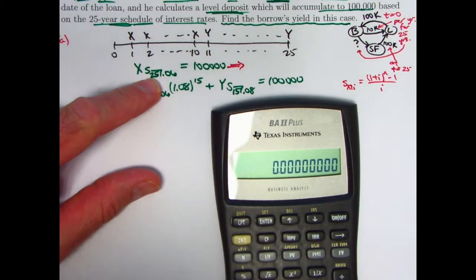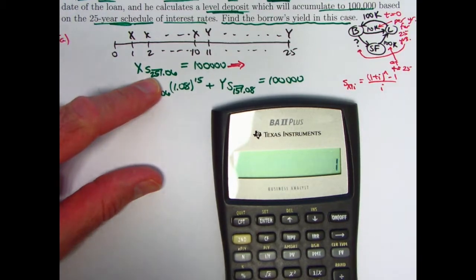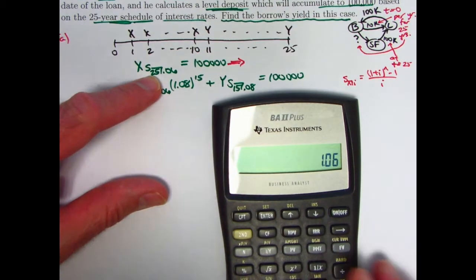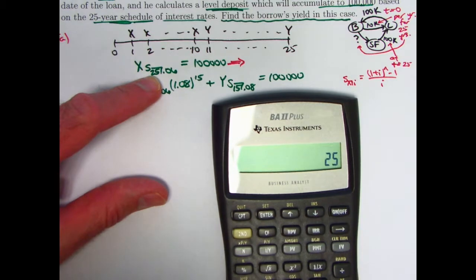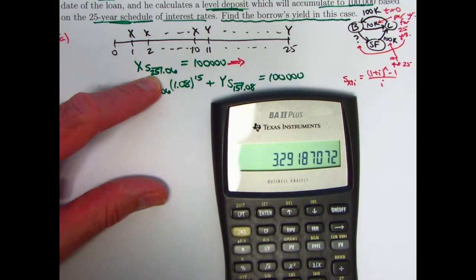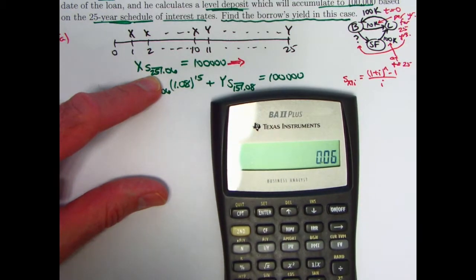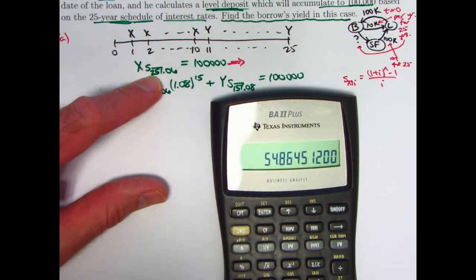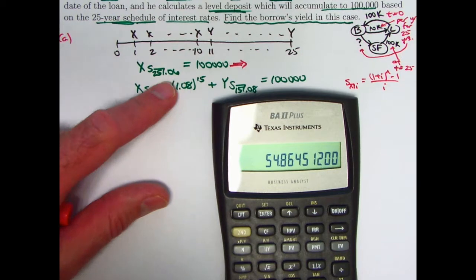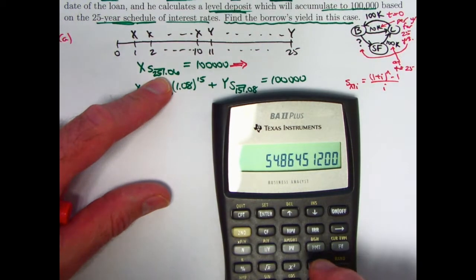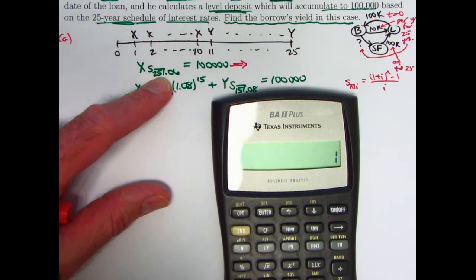So first calculate this thing with this formula. i is 6%, so I have 1.06 to the 25th power, n is 25, minus 1, divide by i, divide by 0.06, and I get this S to be 54.8645. I've got to divide both sides by that to get x. So I'll take its reciprocal and multiply times 100,000.